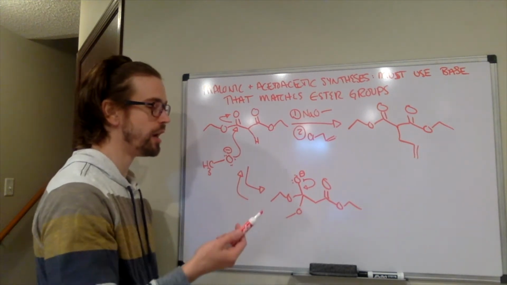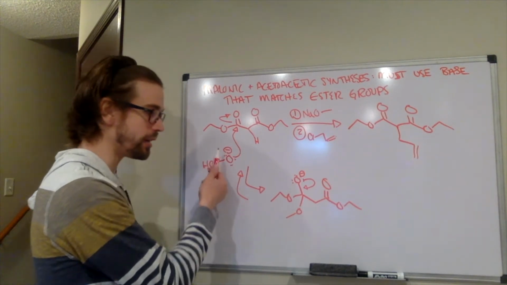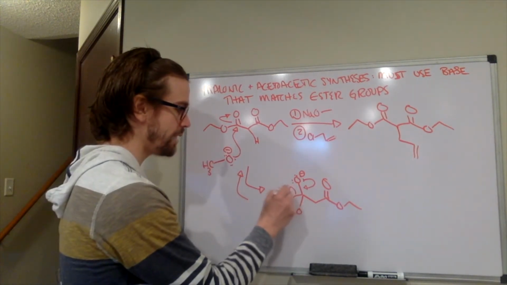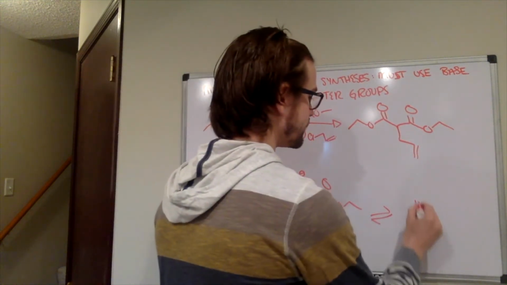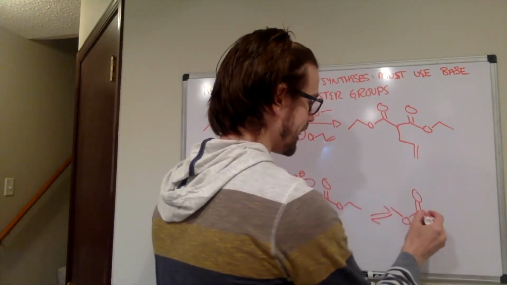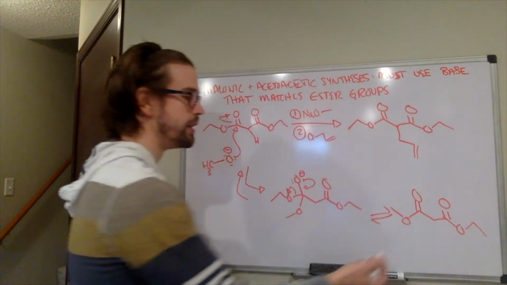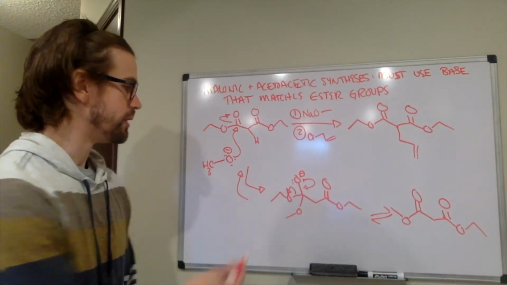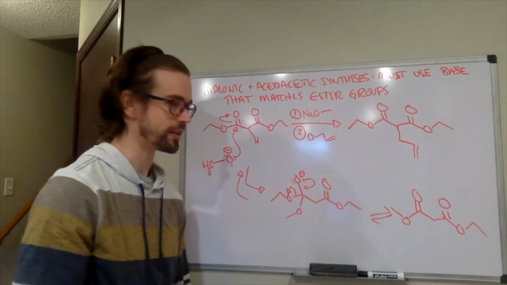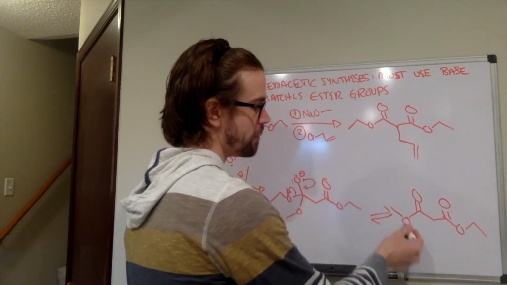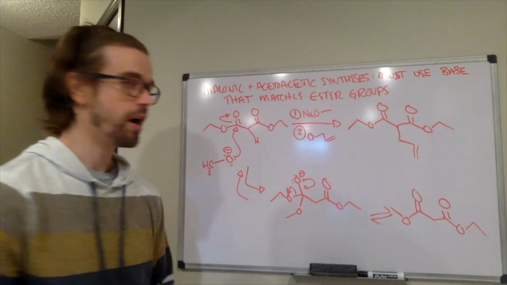So at this point, we could very much go back, but the ethyl ester could also act as the leaving group. In that case, we now have a mixed ester, which is not ideal. If the ethyl ester oxygen is the one that leaves, we have a methyl ester on one side and an ethyl ester on the other side.